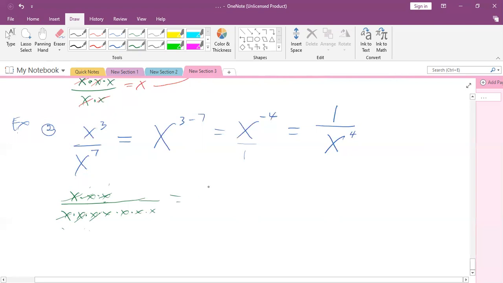So we end up with 1 over x, 4 of the x here. So that's x to the power 4. Okay, so that's what this means. So negative exponents take care of this here.